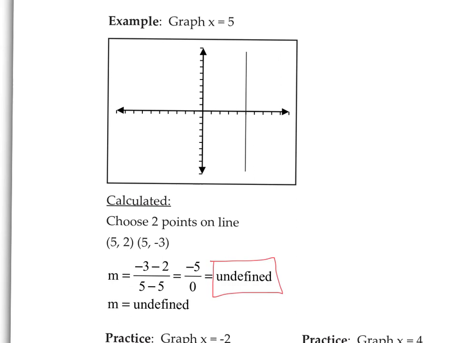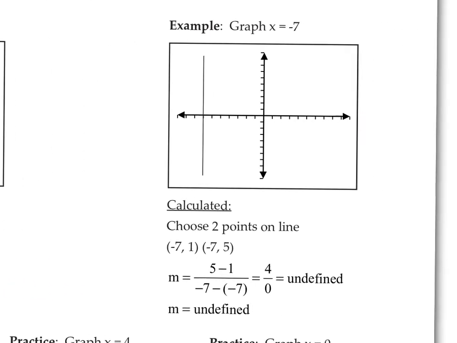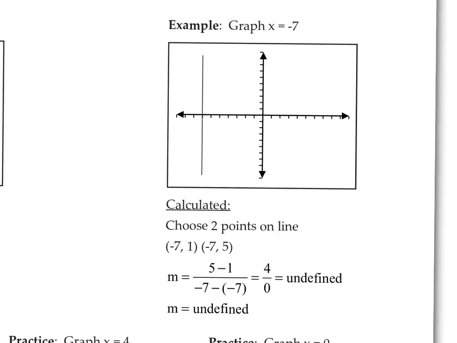So this is the graph of the equation x equals 5. Over here, we have the equation x equals -7. Go to -7 on the x-axis, a vertical line. It has a slope undefined.